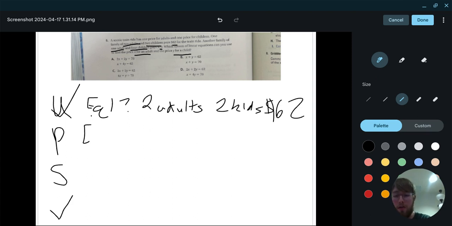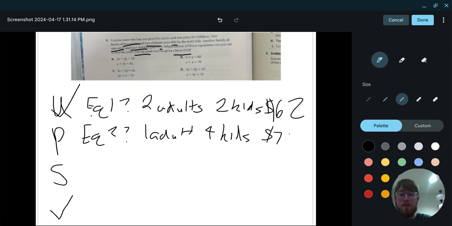And then equation 2 question mark, we have 1 adult and 4 kids for $70, just 70 even. Okay, and one last step, I almost forgot about this one. I'm going to mark adult is X and kids or children is Y. So that's our variables.